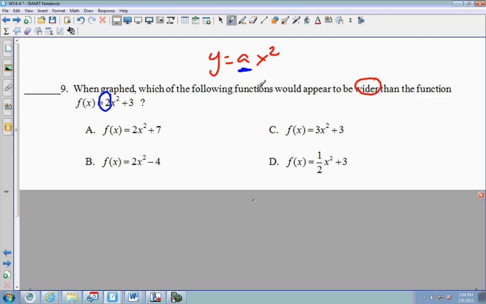I need a number that is smaller than 2 to make it wider. This one is exactly the same, so that's not going to work. This is a number that's bigger. The larger the number, the narrower it gets, so it's not C. This one says 1/2. 1/2 goes up 1 and over 2, so it's going to make it wide. The answer should be D.